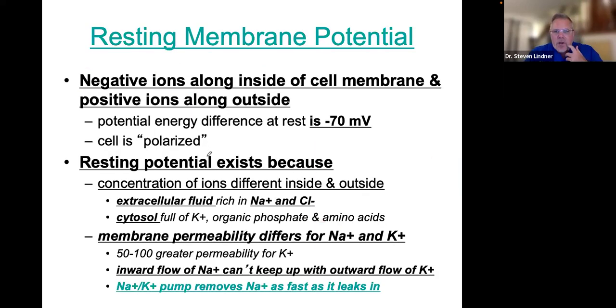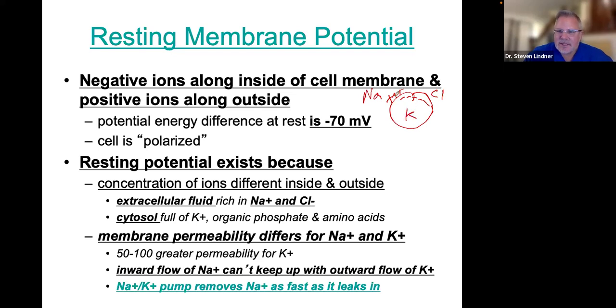So let's take a look at what happens. I did mention that there's a little bit more of a negative charge along the inside of the cell membrane and a little bit more positive on the outside. That's just due to the difference of what we have out here, which is more sodium and maybe chloride, and what we have more on the inside, which is more potassium.